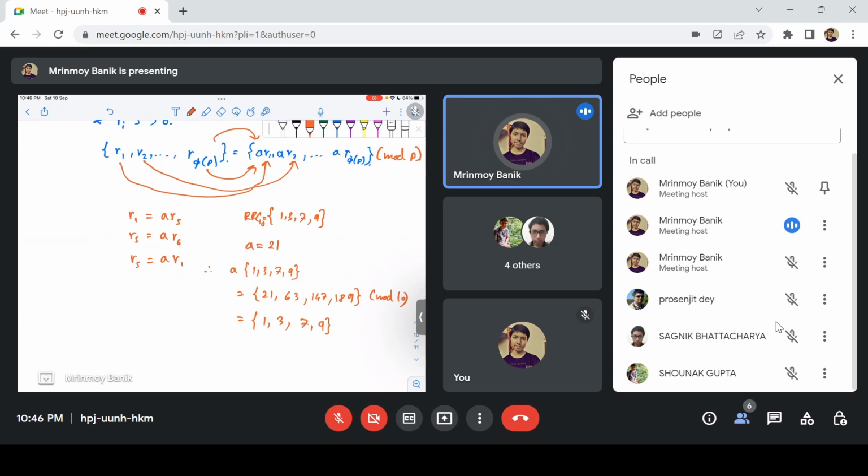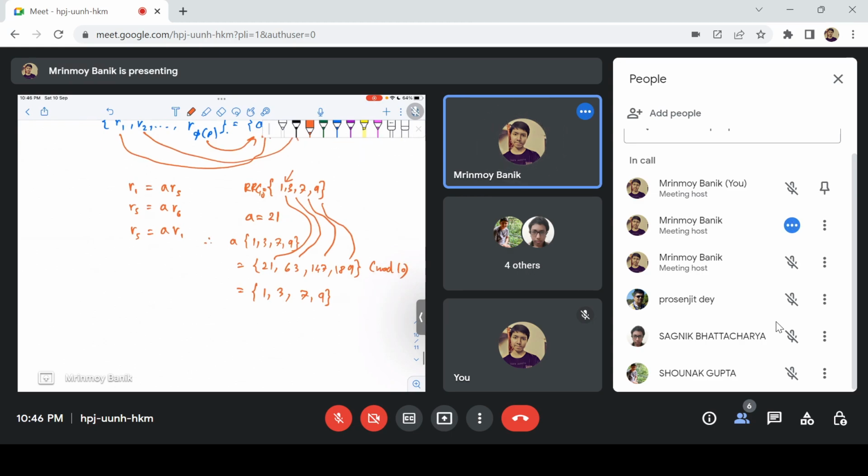So here you see we have a 1-1 mapping. R1 here was 1, and 1 times 21 was 21, which again gave a remainder of 1. So 3 times 21 gave a remainder of 3, and 7 times 21 a remainder of 7. But they can permute, they mostly permute. Sometimes they have inverses. We will talk about inverses later in some other day.